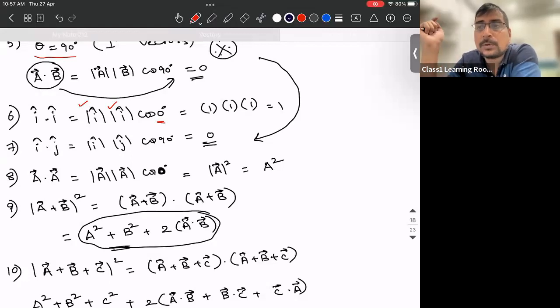Whereas if you do the dot product between two different orthogonal unit vectors, orthogonal means they are perpendicular to each other. What is the condition for perpendicularity? The dot product between them is going to be 0. So that is why I dot j is 0, j dot k is 0, k dot I is 0. Dot product between any two perpendicular vectors is always 0.